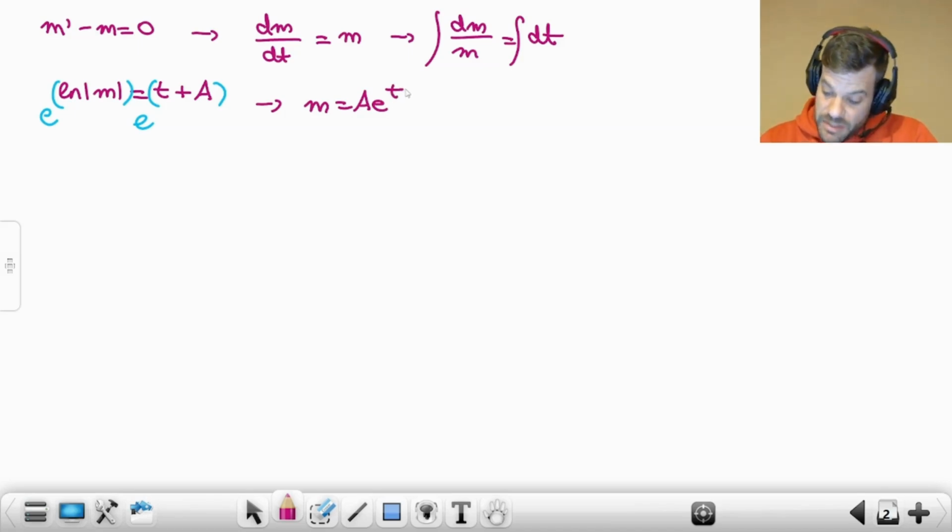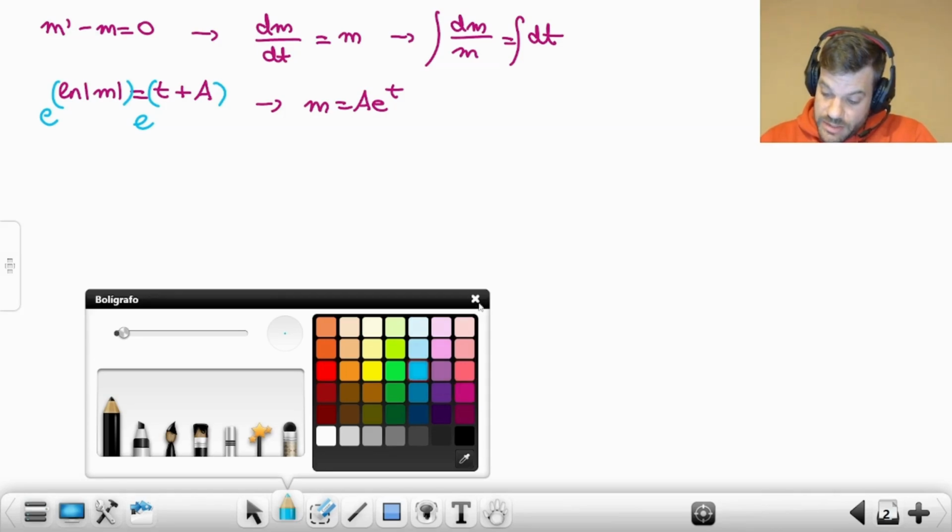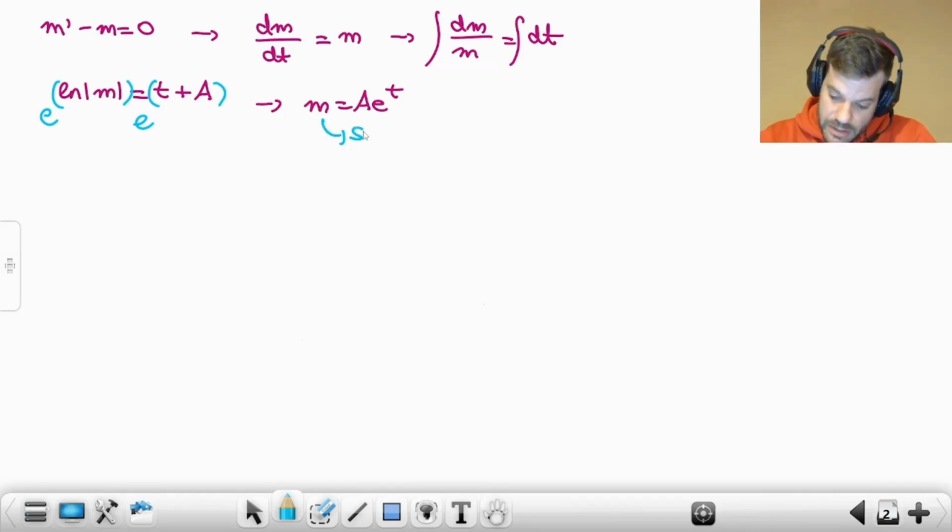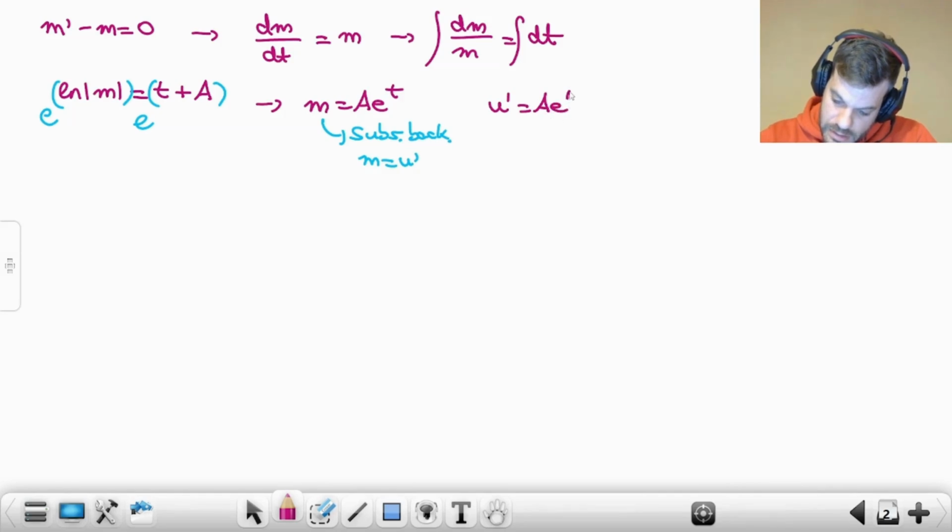But m means nothing, it was just a substitution tool, so substitute back. m was u prime. Okay, so if u prime equals a e to the t, then u, the mysterious function u, is the integral of a e to the t dt, which is a e to the t plus b.